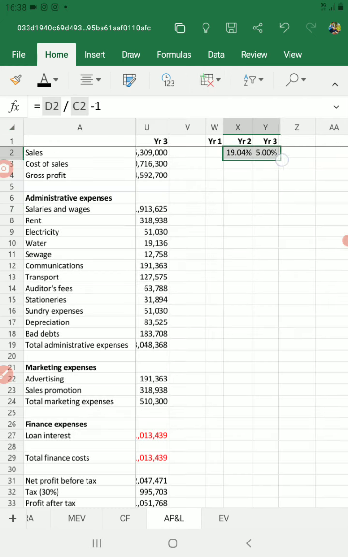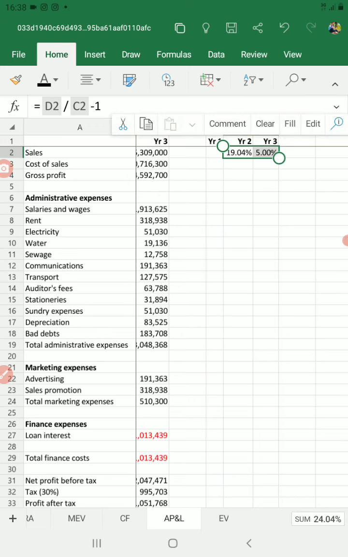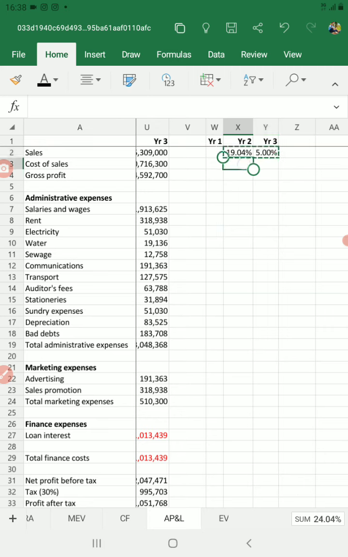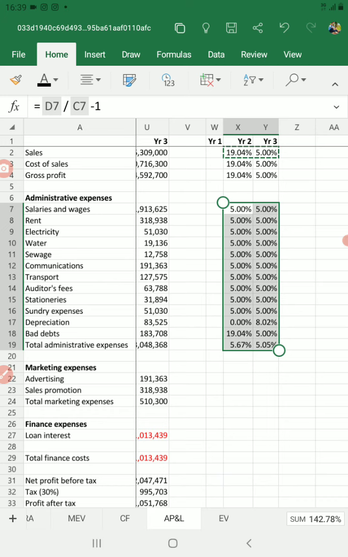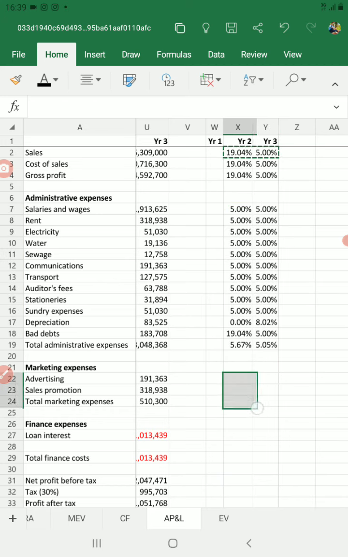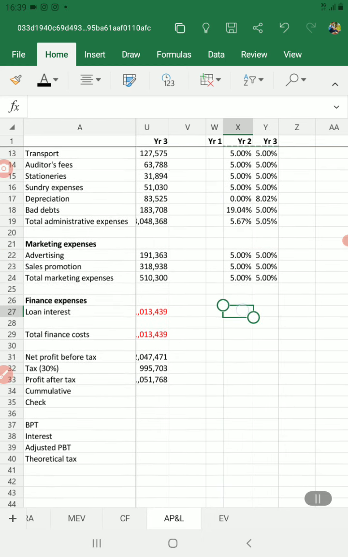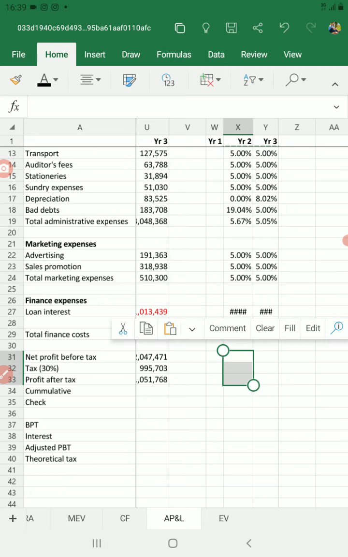So now I can just select these two, copy, and then come here, paste, come here, select up to here, paste, come here, select up to here, paste, and so on for the remaining columns.